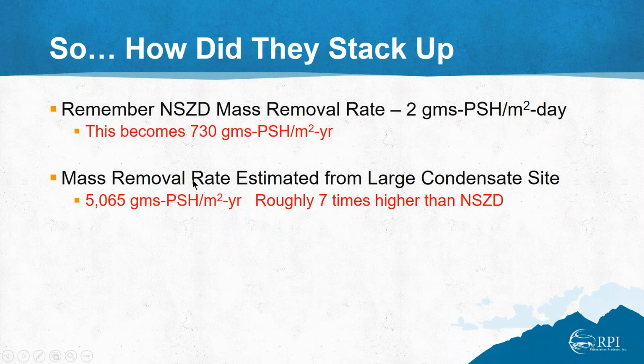Then, if I take the mass removal rate that we're estimating at our large condensate site, that number is roughly 5,065 grams of free phase per meter squared year, roughly 7 times higher than the natural source zone depletion mass removal rate. Not to worry, I'm going to explain how we got to both of those numbers through the course of this presentation. But clearly on its face, it certainly appears that carbon in general and BOS200 in particular has a role to play in LNAPL sites.